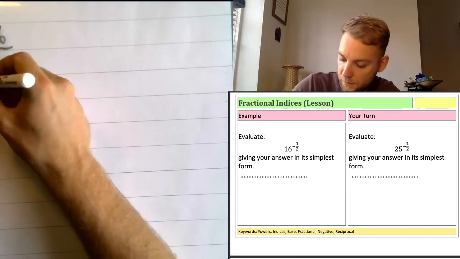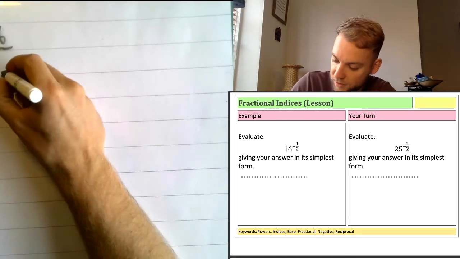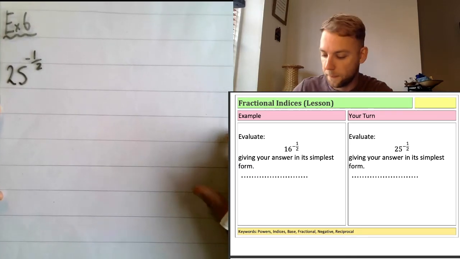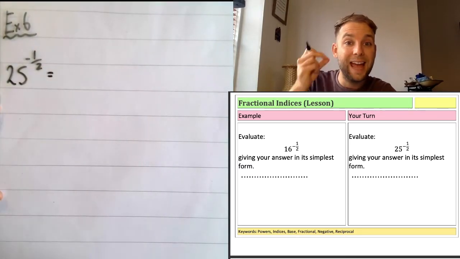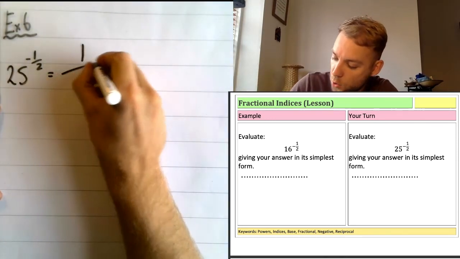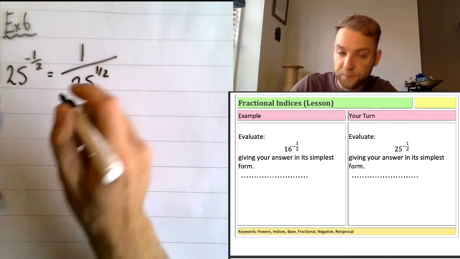So with this one, I've got 25 to the power of negative a half, or negative 1 over 2. Make sure you can see that. So I deal with the negative first. The negative from the last video, remember, means the reciprocal. So that's going to be 1 over 25 to the power of a half.